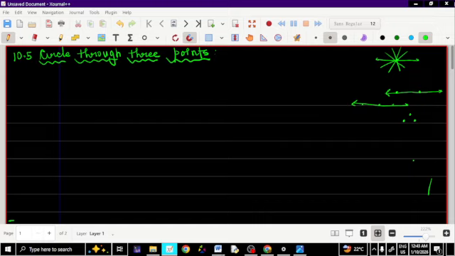Now, if I give you 1 point, then how many circles can you draw passing through this point? You can keep drawing circles which will pass through this point. You can draw infinitely many circles basically which are passing through that point.